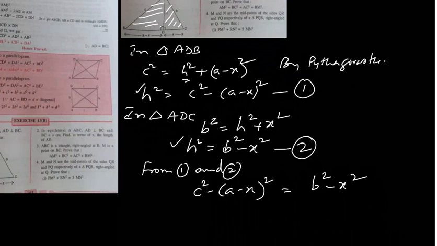So we have c squared minus, and whenever the minus comes and a bracket is there, don't open the bracket immediately. a squared minus 2ax plus x squared equal to b squared minus x squared. Now open the bracket. Minus a squared plus 2ax minus x squared equal to b squared minus x squared.